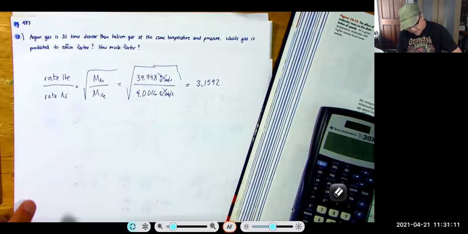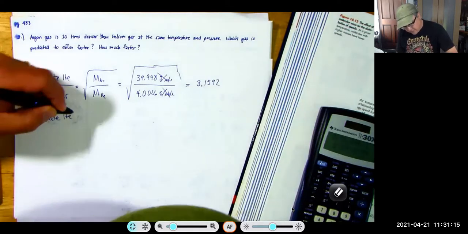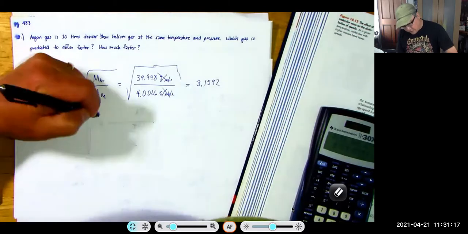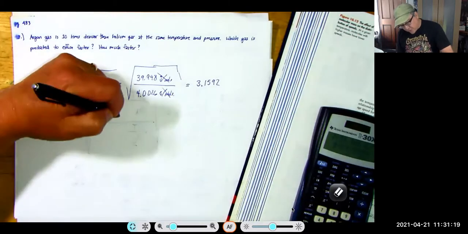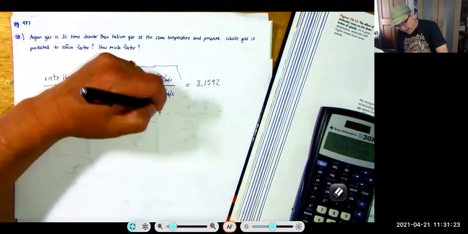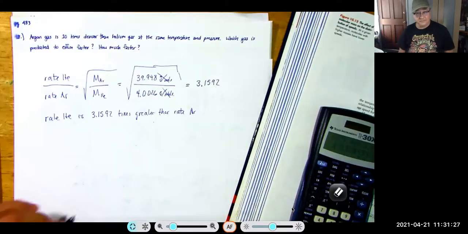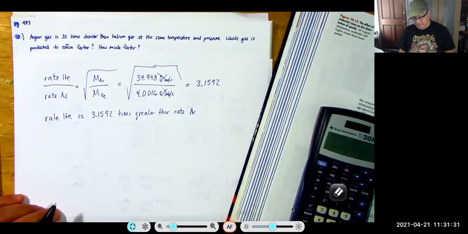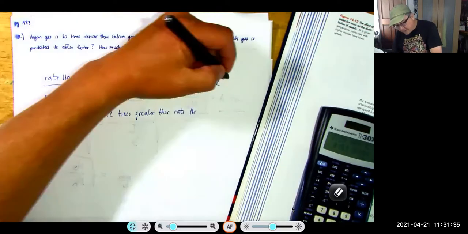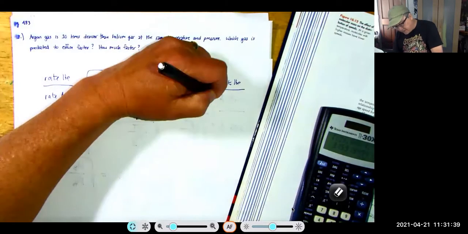So we would say the rate for helium is 3.1592 times greater than the rate of argon. So the units here are the rate of helium over the 1 rate of argon.